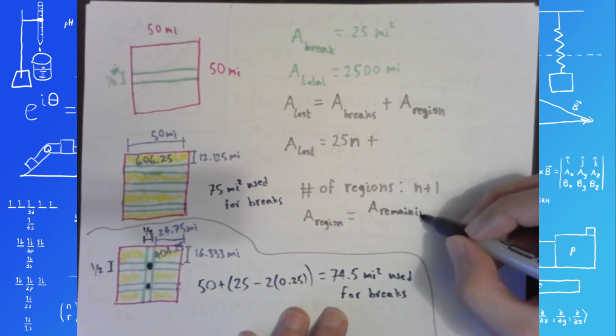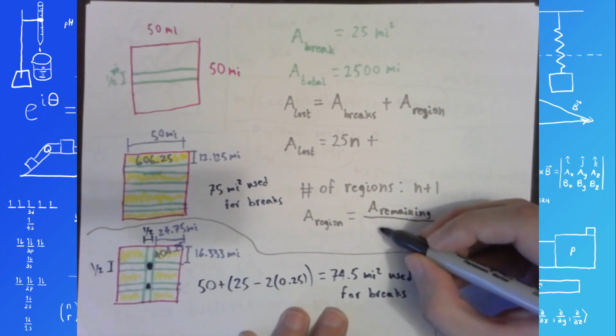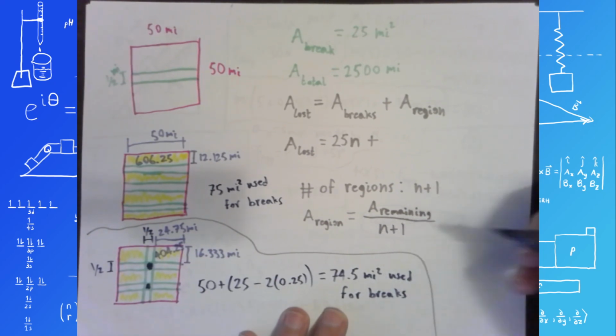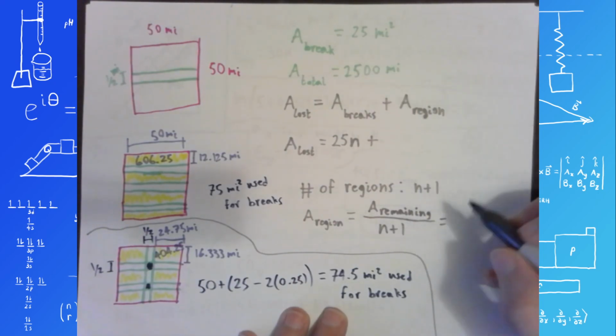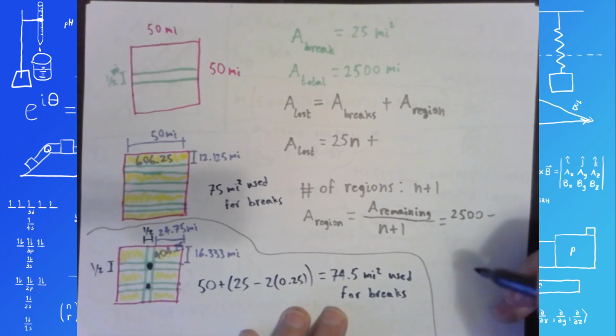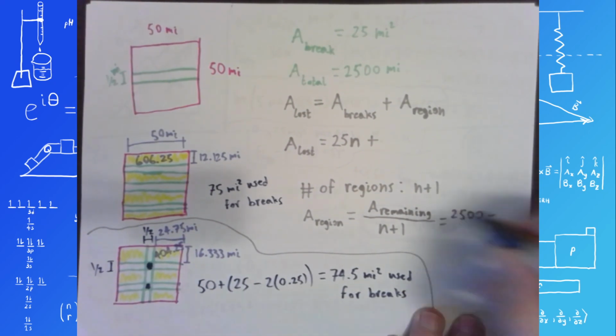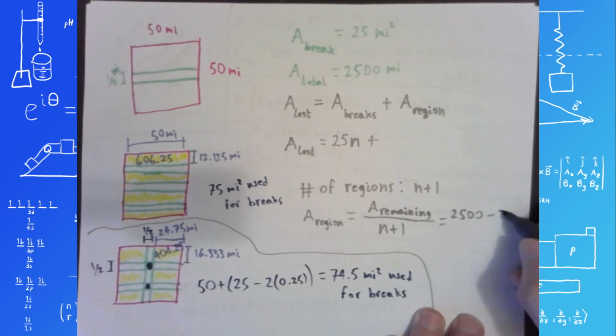Area remaining, did I spell that right? Divided by the total number of regions. And the area remaining is just going to be the total area, 2,500, minus the area that we lose to breaks, so that's the 25n again.